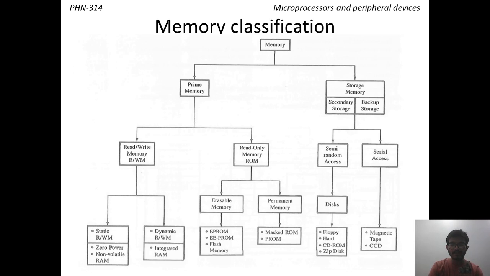Further classification of this memory, that is ROM, gives us erasable memory and permanent memory, which are again further classified as EPROM, EEPROM, and masked ROMs and PROMs. We will discuss these various types of ROMs one by one.